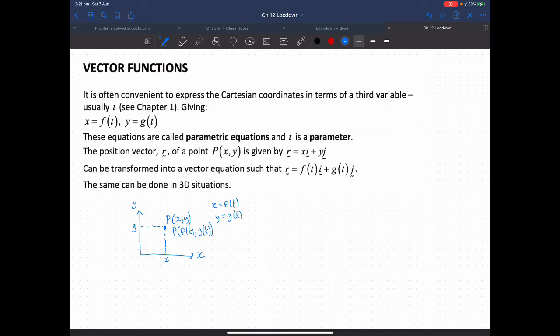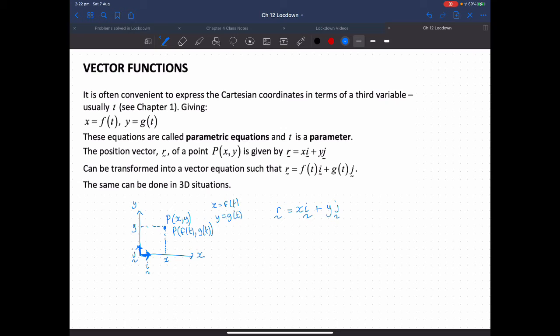Earlier on in the year, you studied position vectors. The position vector r was equal to its horizontal component we referred to as x i plus the y component we referred to as j. So I'm going to mark those unit vectors in on my axes. i is going horizontally, j is going vertically.